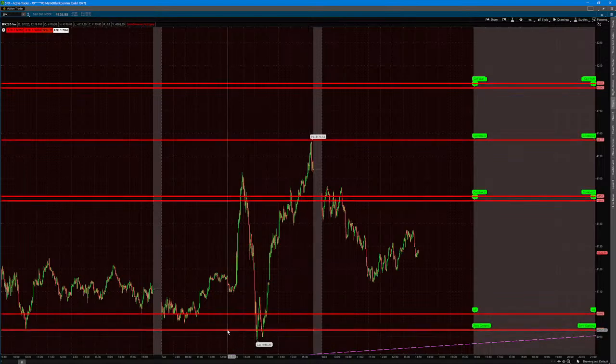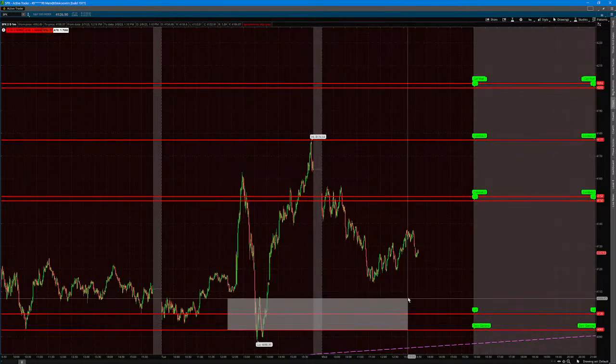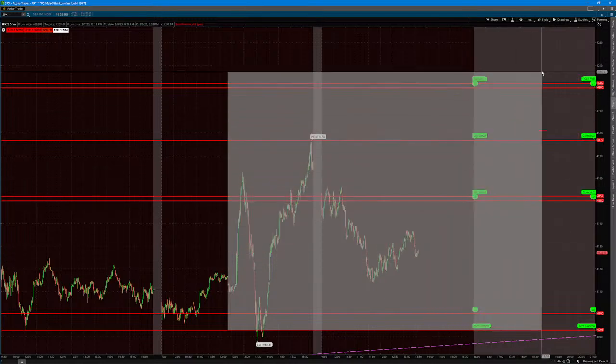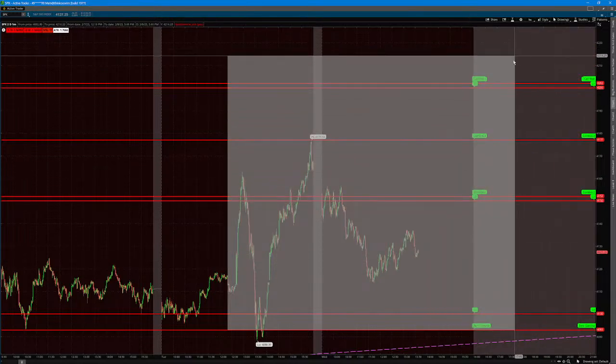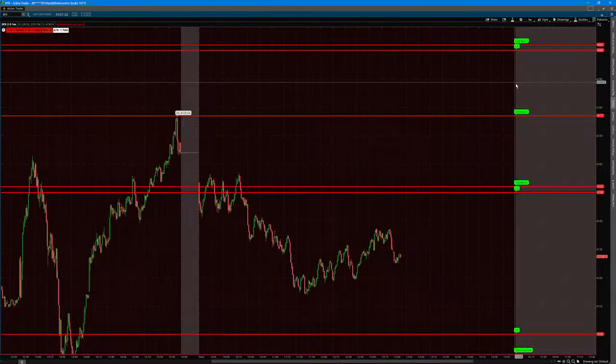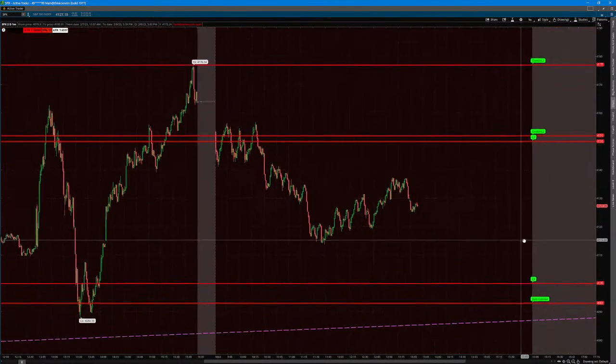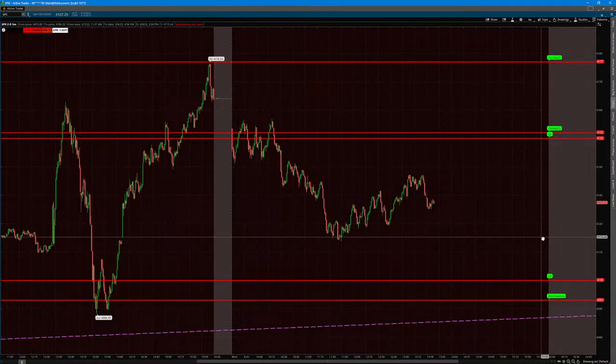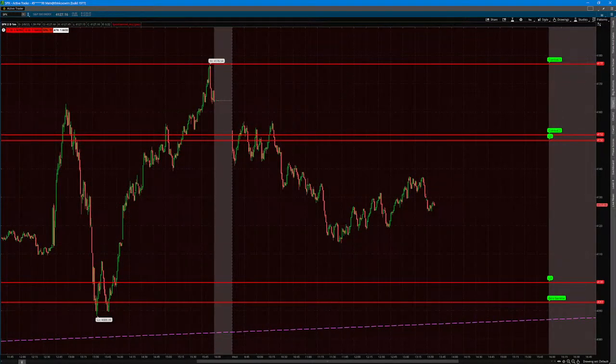Actually, let's start with yesterday. Let me shift around just a little bit. Okay. So here is SPX for today and updated levels.